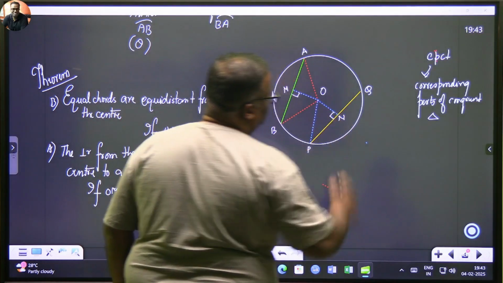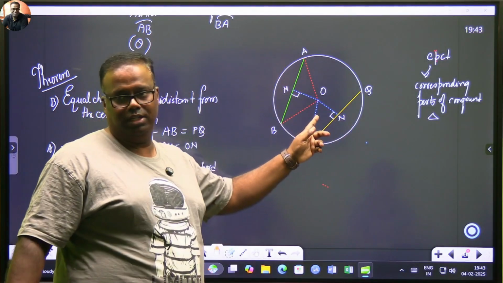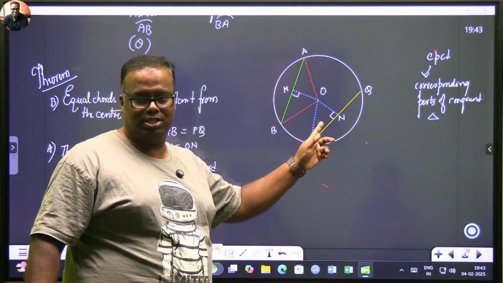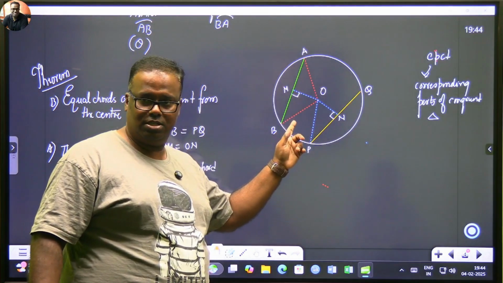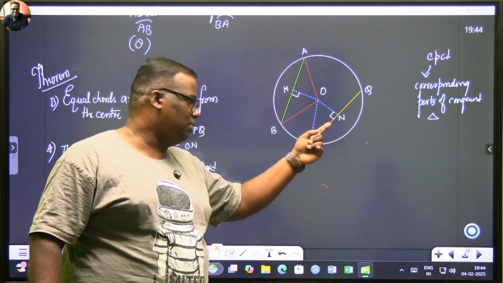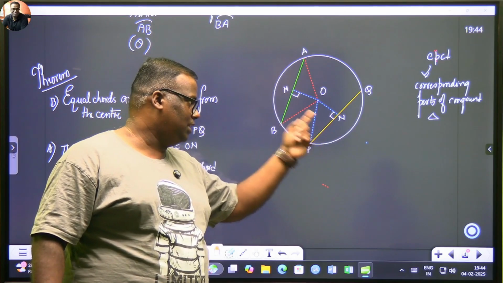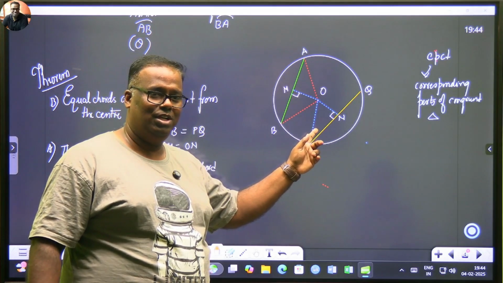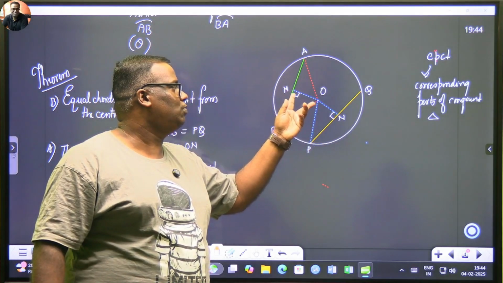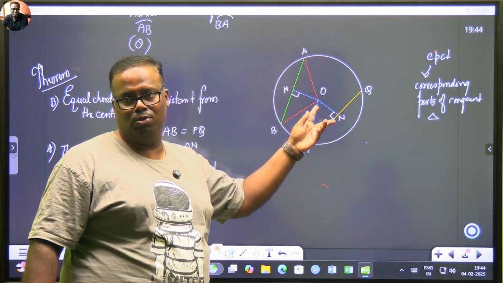This is also 90 degrees. Now if you look at these two triangles, equal chords are equidistant. Right angle, hypotenuse are both radius, same. Half of this should be half of this. That means this side is equal to this side. So RHS wise, both these are congruent. Have you understood? Therefore, corresponding parts of congruent triangles, OM must be equal to ON.